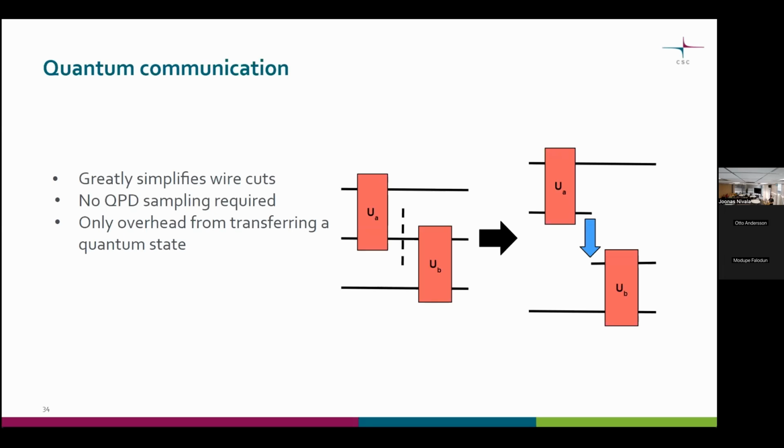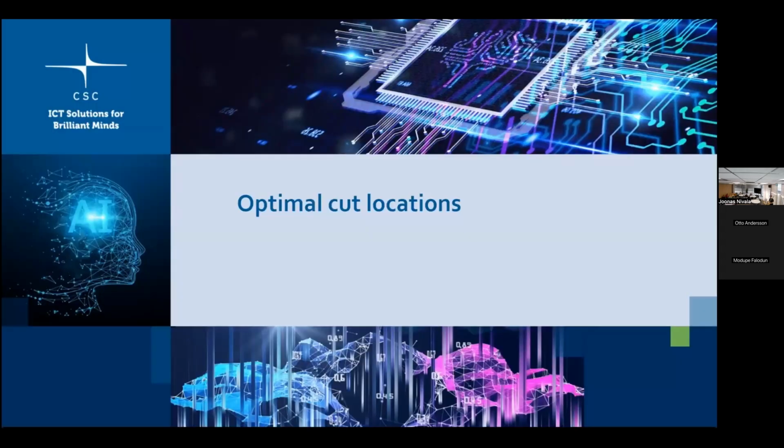Even though, there are already schemes for parallel quantum computing where you send stuff between QPUs, and this would be implementable with those same schemes. Then one other question was, how do you find the optimal cut locations? If you concern yourself with just wire cuts, you want to do as few of them as possible to get the least overhead possible.